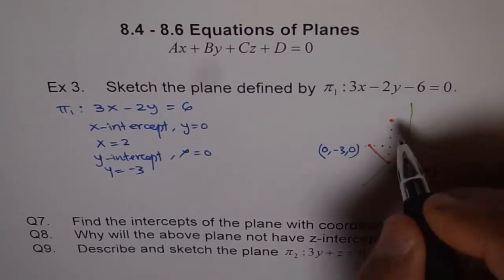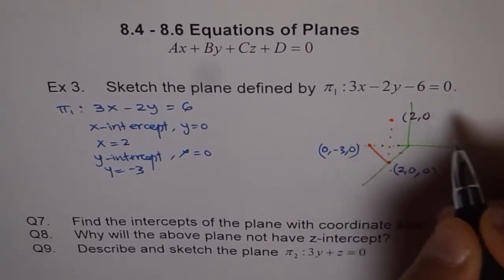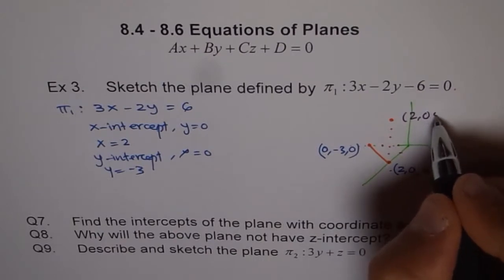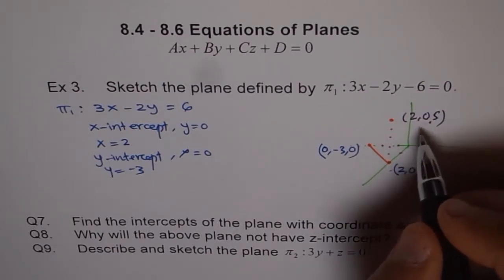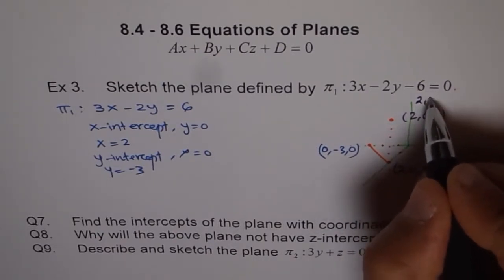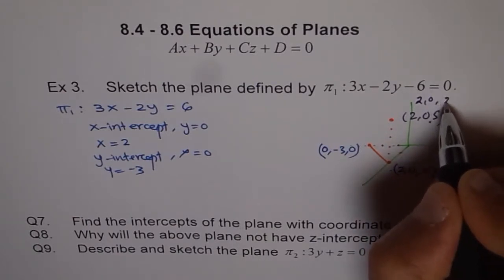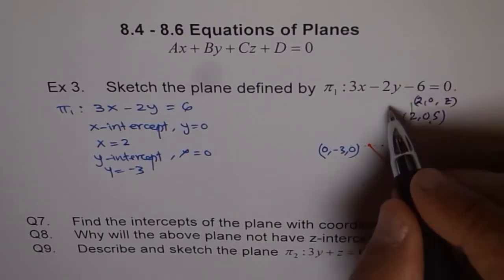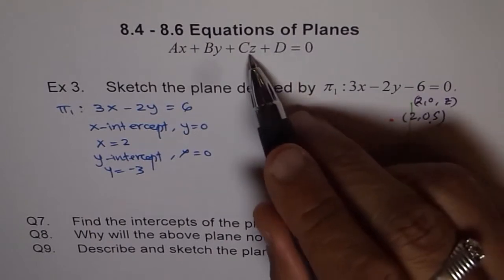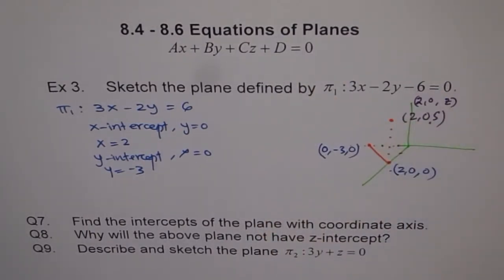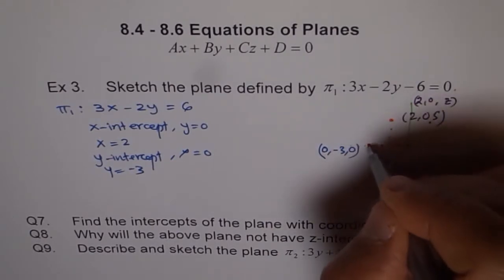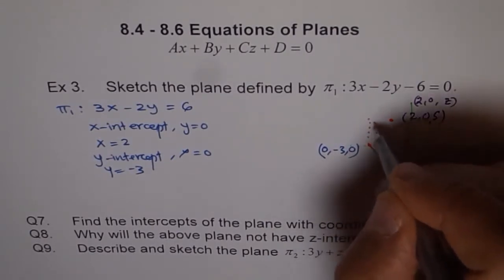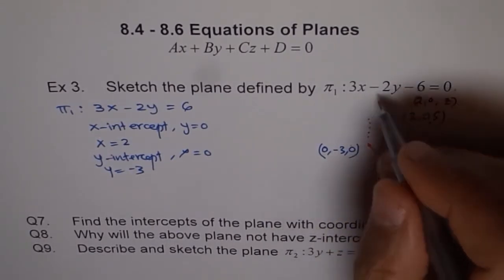So this point 2, 0, 5 works for us. For that matter, any point 2, 0, and z will work for us, because the coefficient c is 0. You multiply by any number, it will be 0. Similar is the case here. Any point above, you can go as high as you want in z.